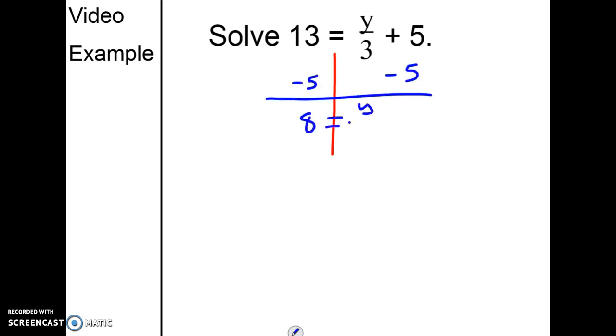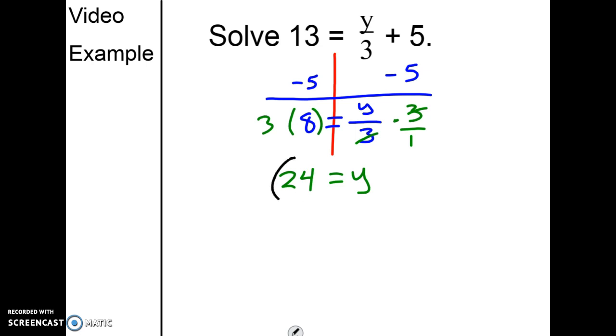And then we have y divided by 3. And then here, the opposite of dividing by 3 would be multiplying by 3. So I'm going to multiply by 3 on both sides. When we multiply by 3, this is technically multiplying by 3 over 1. And so these two 3's would cancel, and we're just left with y, which is what we needed to solve for. And 3 times 8 is 24.